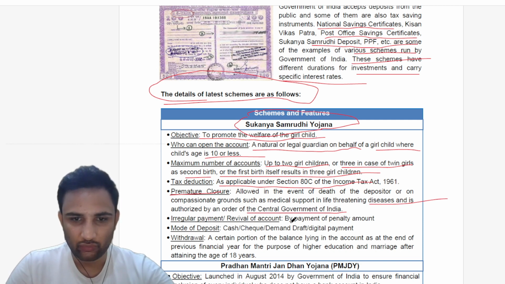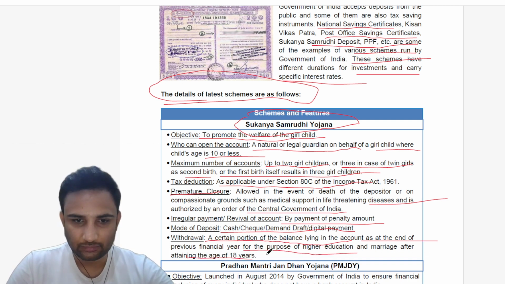Irregular payment or revival of account by payment of penalty amount. Mode of deposit is cash, cheque, demand draft, digital payment. Withdrawal: a certain portion of the balance lying in the account as at the end of the previous financial year for the purpose of higher education and marriage after attaining the age of 18 years.